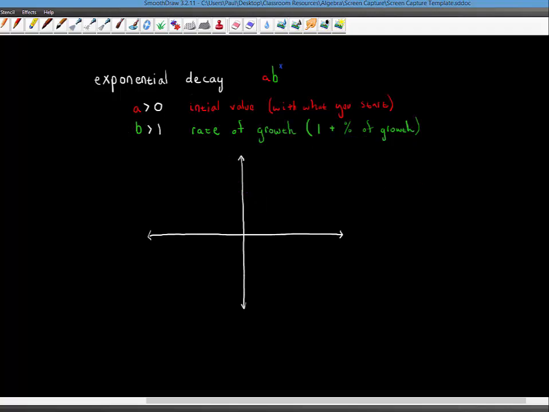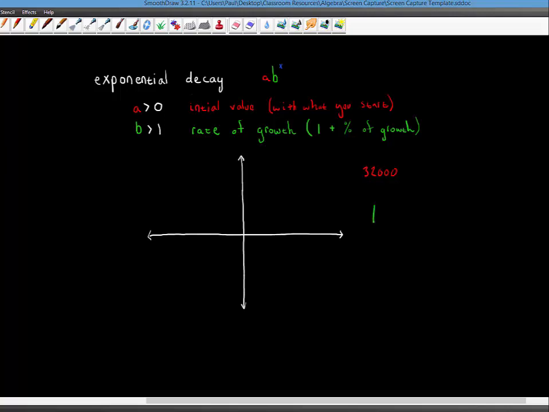You have to do just a tiny bit of work to find it on your own. And then switching back to growth for, say, problem number 30 about the antique car. Our a value is given to us at 32,000. But we have to do just a bit of work to get the b value, the rate of growth. If the value grows by 7% each year, then it's going to be 7% above that flat line that happens when b is 1.